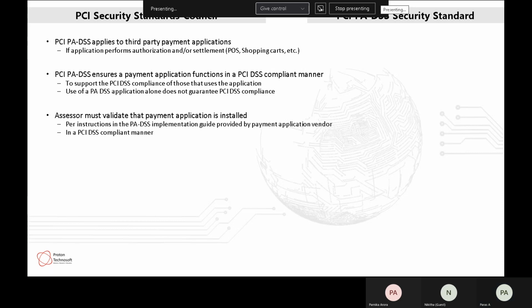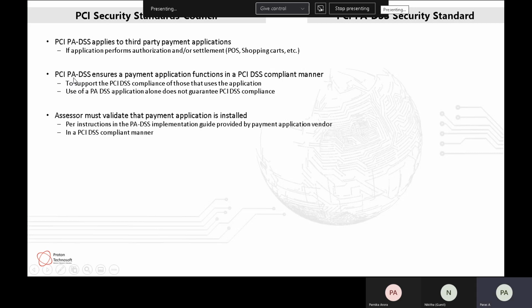Okay. So it says the PCI PADSS applies to third-party payment applications if the application performs authorization and/or settlement. Examples are POS, shopping carts, etc. Clear?